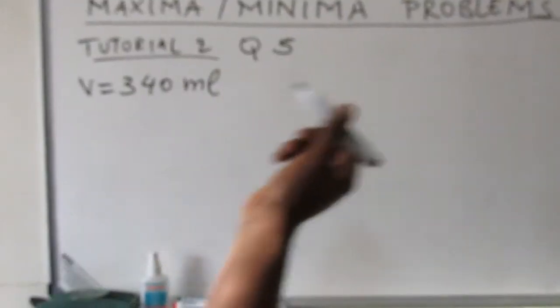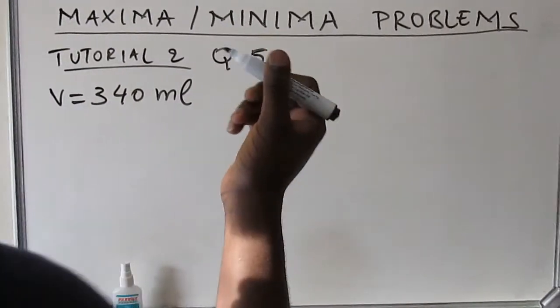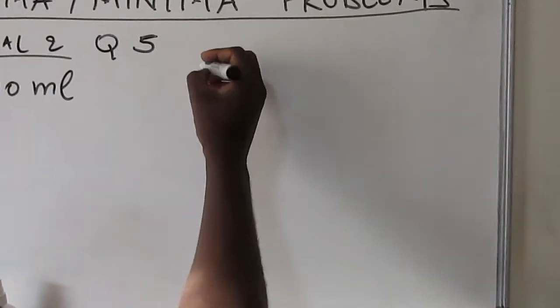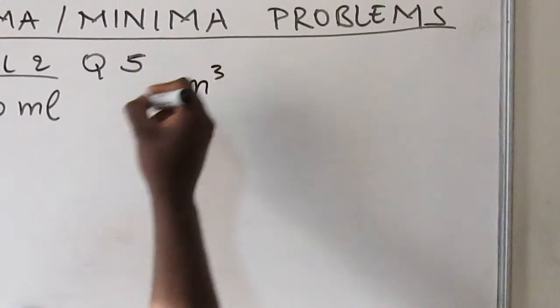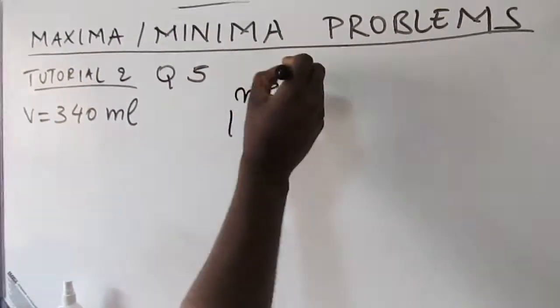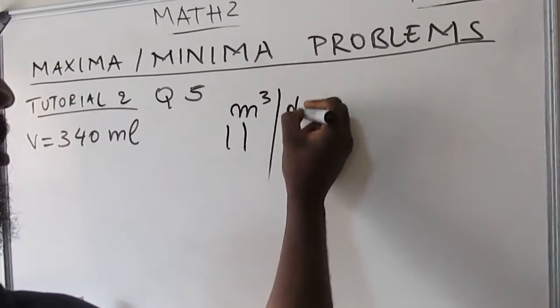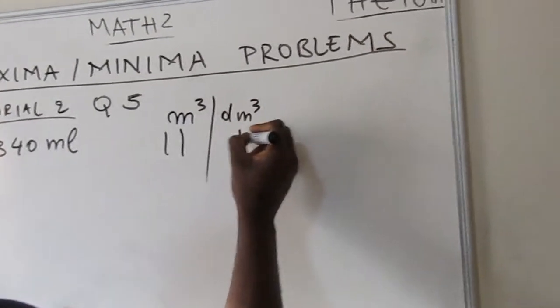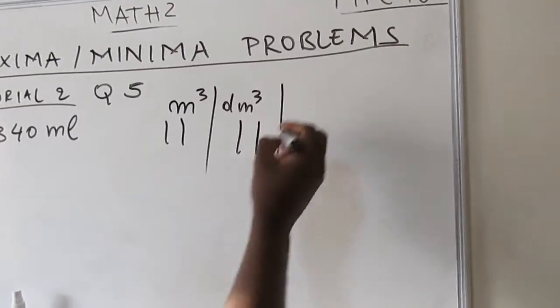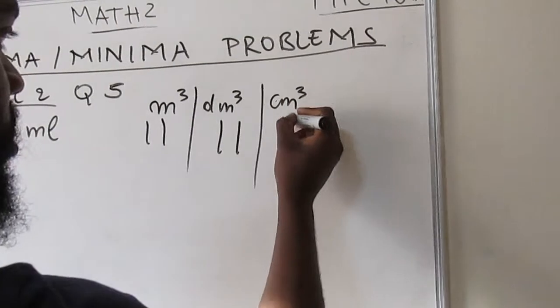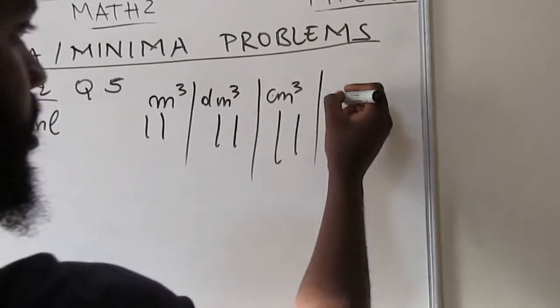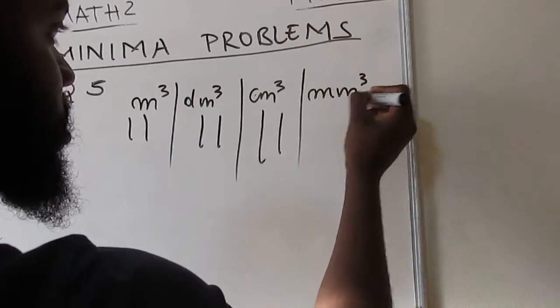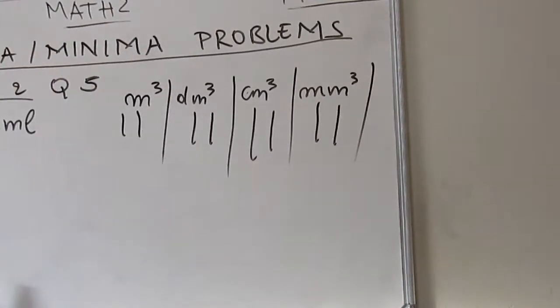There is a small table here that you need to know. When you have a meter cubic, then decimeter cubic, centimeter cubic, then millimeters cubic.